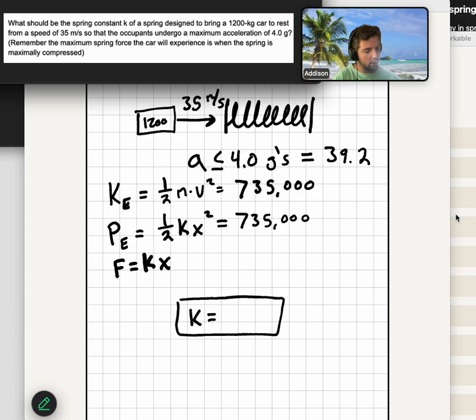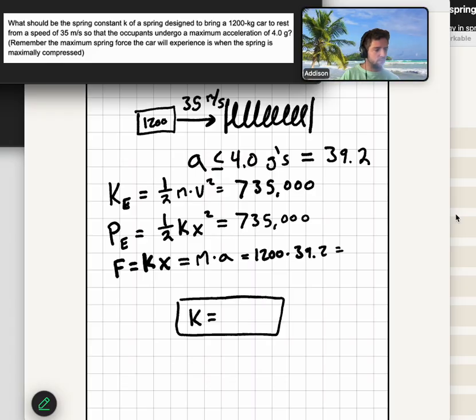We also know that the force is equal to the mass times the acceleration, which is 1,200 times 39.2, which is equal to 47,040.